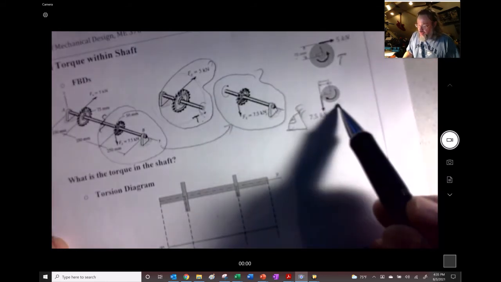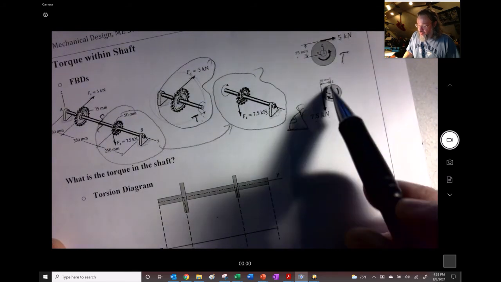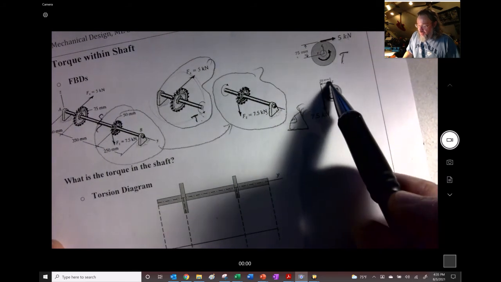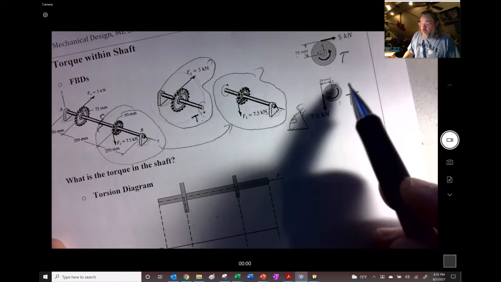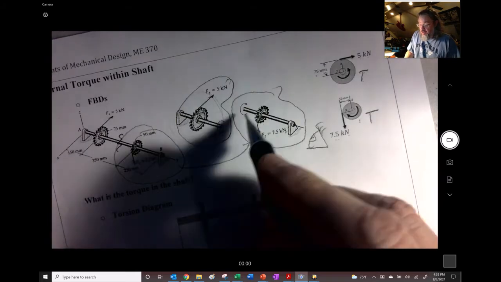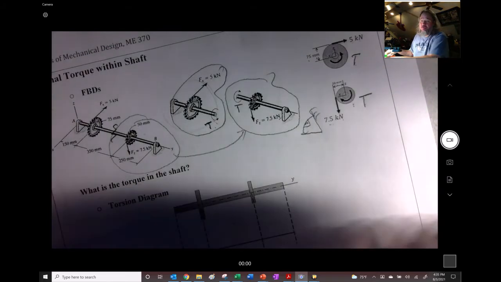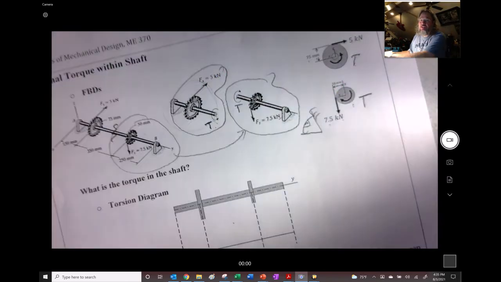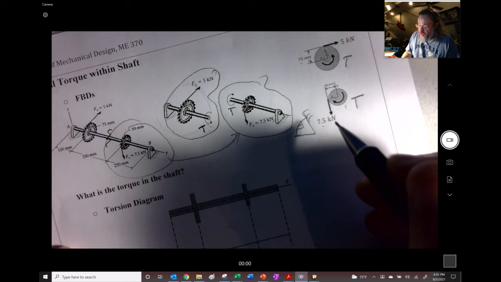So we're looking right here at the cut, and we have 7.5 kilonewtons times my 50 millimeters. If we multiply those, that would be equal to the torque right there as well. And they better be equal to each other, because this is equal and opposite, and it's inside the shaft. We've broken the thing apart and looked inside the shaft to be able to see that torque, right?